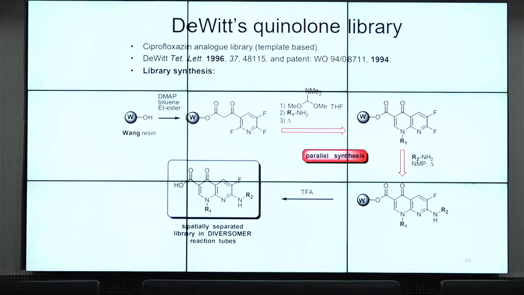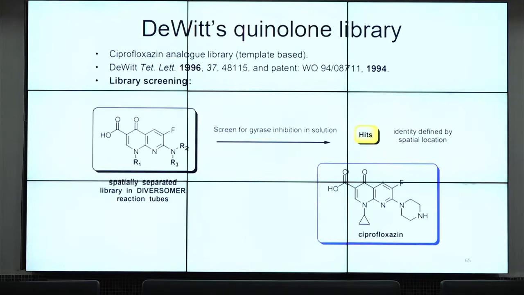Here also is the quinoline library. You can see the diversomer reaction tube. You can have the synthetic route in such a way, though I am not going to discuss this synthetic scheme, that you can create the library, and from it one lead-like molecule will be optimized for a future drug.